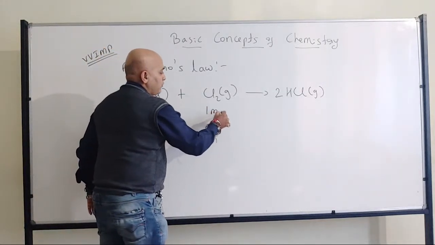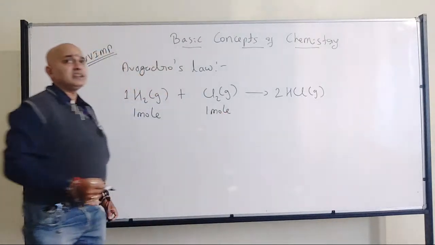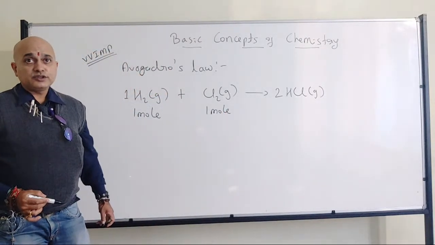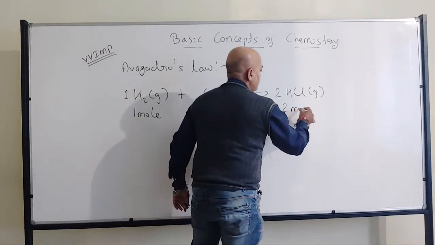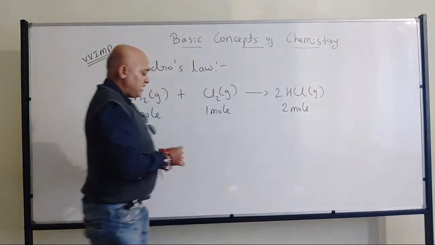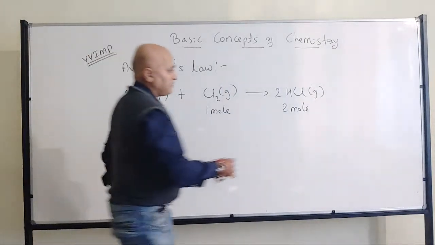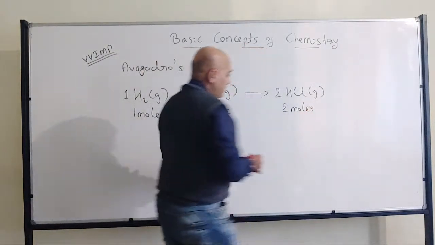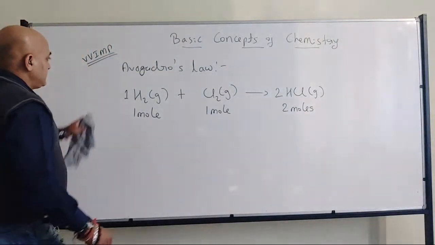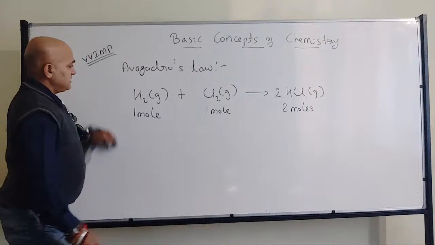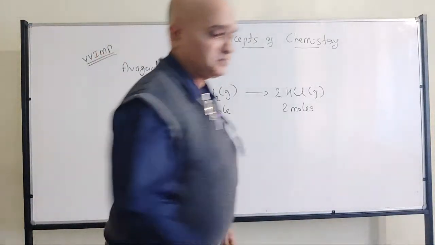I have 1 mole of chlorine gas. So together they will give rise to 2 moles of HCl. That's where we have the reaction.